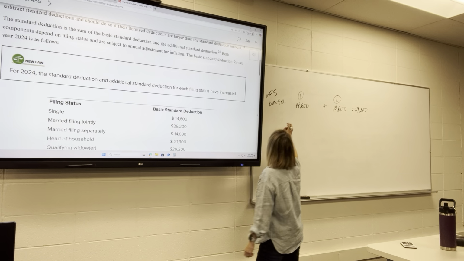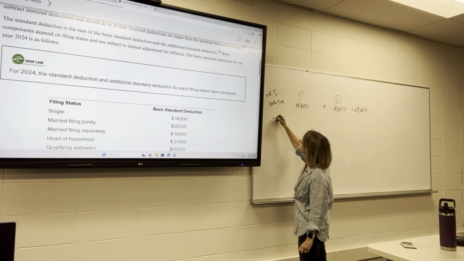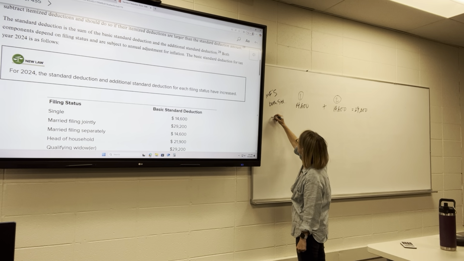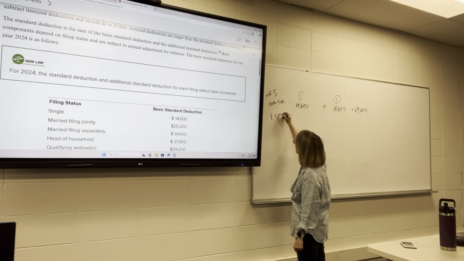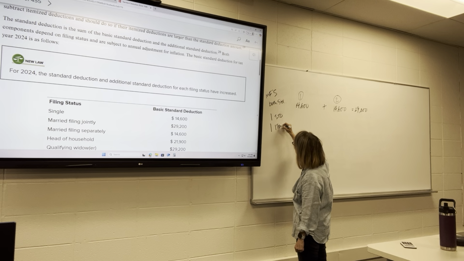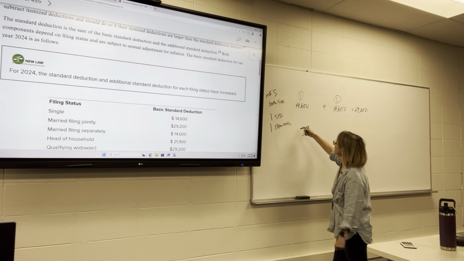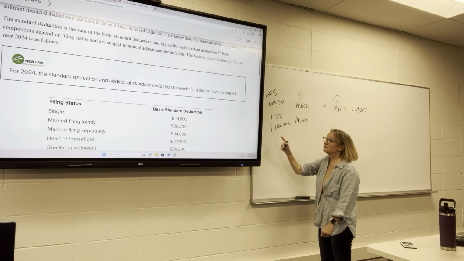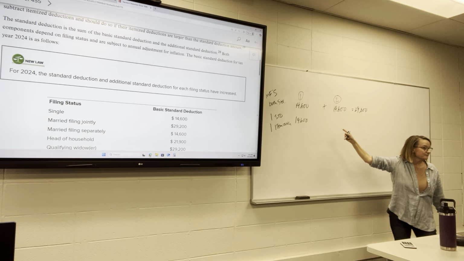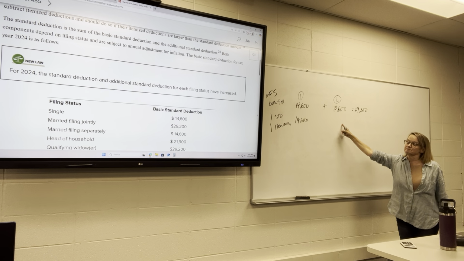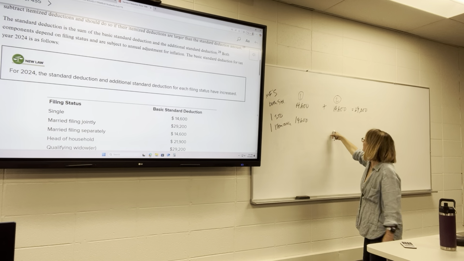If you have married filing separate and one is taking the standard deduction, but one is itemizing, let's say spouse 1 is taking the standard deduction, so $14,600, but they're going to put all the itemized deductions on this spouse's return.